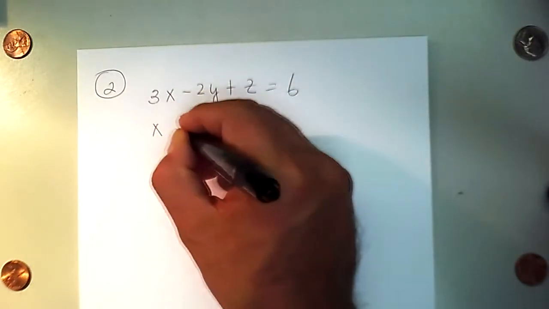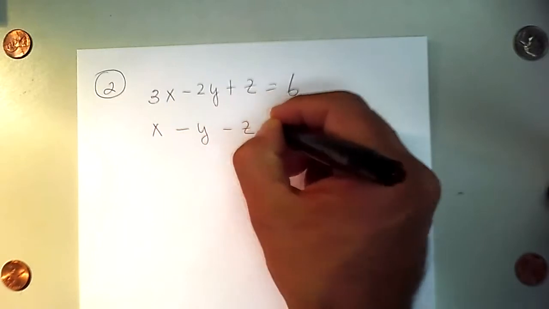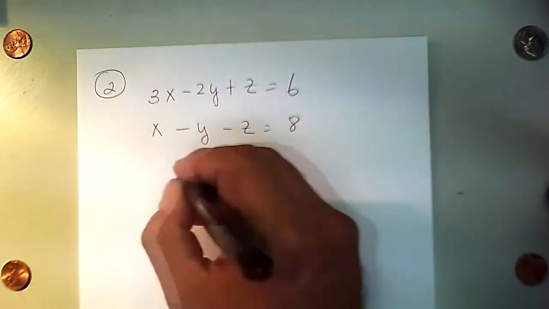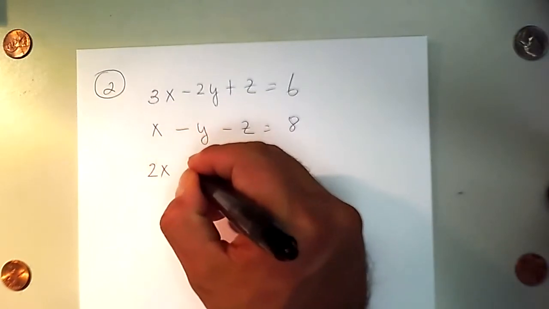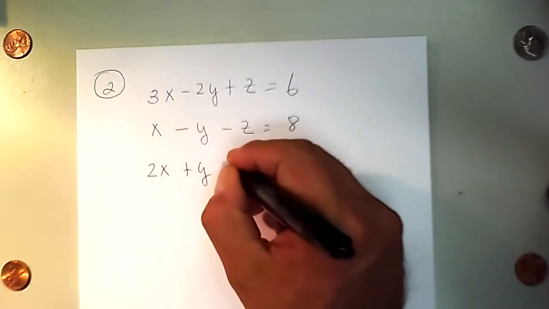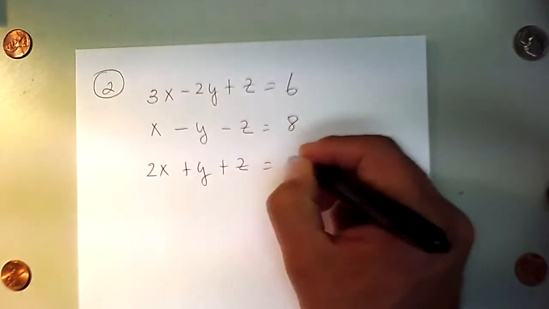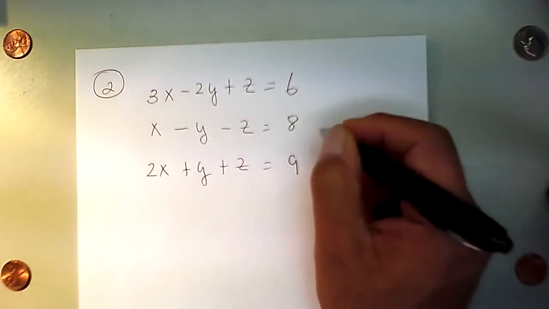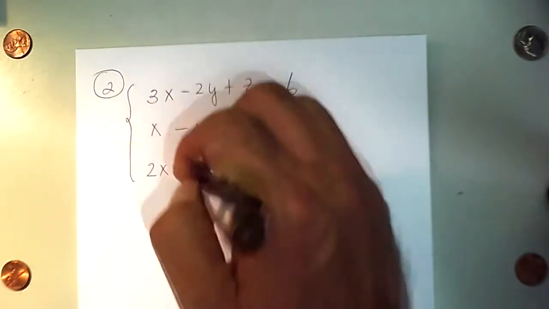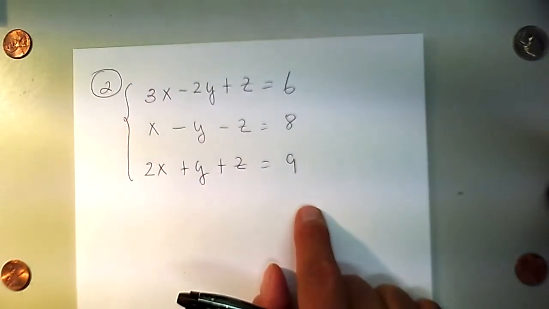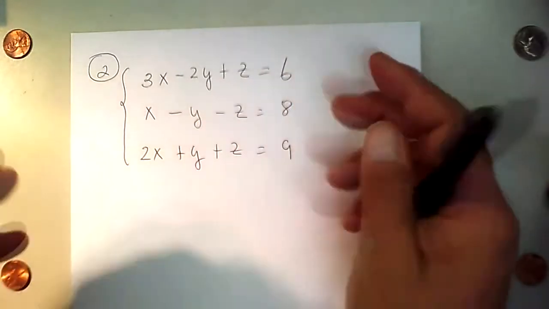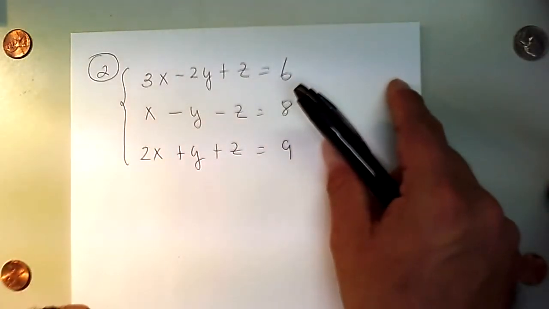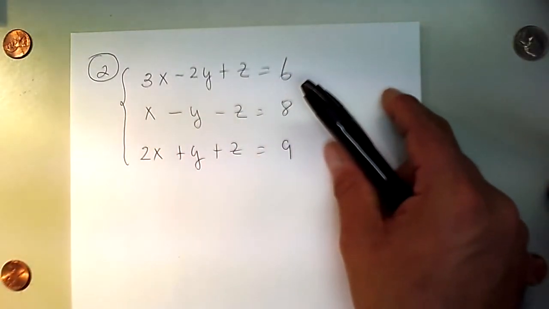How about x minus y minus z equals 8, and 2x plus y plus z equals 9. Okay, so we got our system of equations, and we want to solve it using Cramer's rule. So it's very algebraic, very computational. We just go ahead and start working on the computations.